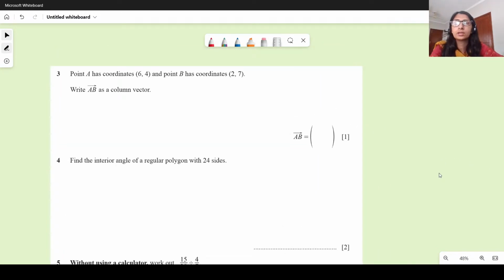Point A has coordinate 6, 4. Point B has coordinate 2, 7. Write AB as a column vector.